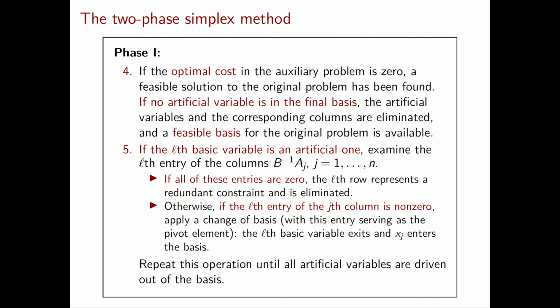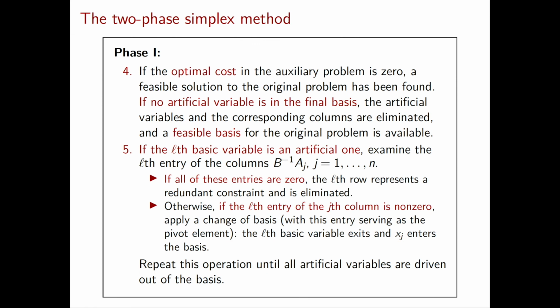On the other hand, if the ith basic variable is an artificial variable, we examine the ith entry of the columns B inverse Aj, for j that ranges from 1 to n. If all these entries are 0, the ith row is a redundant constraint and is eliminated.